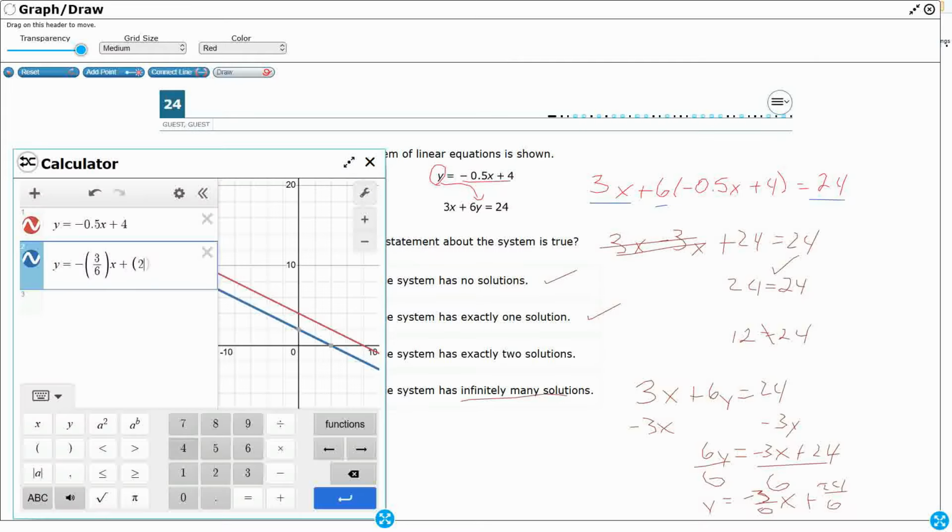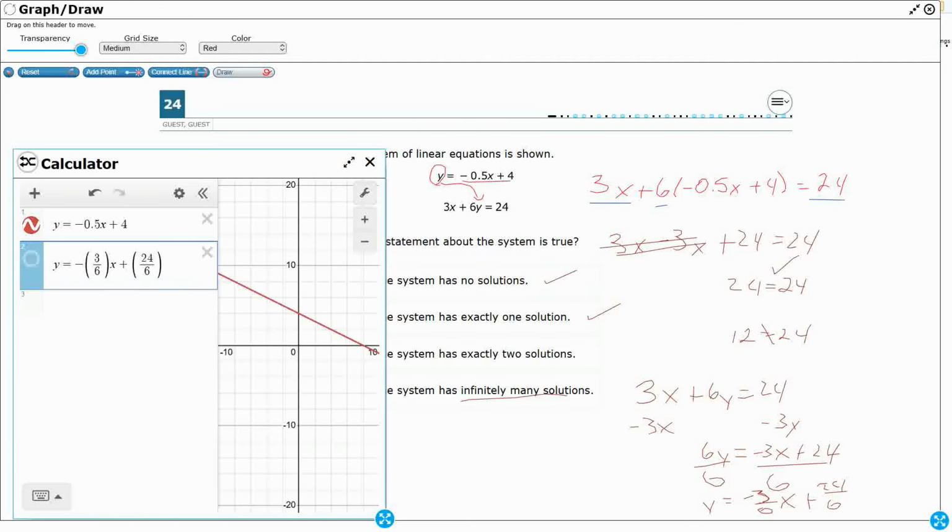Now, I didn't simplify this because if you simplify this, you're going to notice, look, they're on top of each other. It's the exact same. And so the fact that they are the exact same, if you take it off, you see the red, put it back on, they're the exact same.